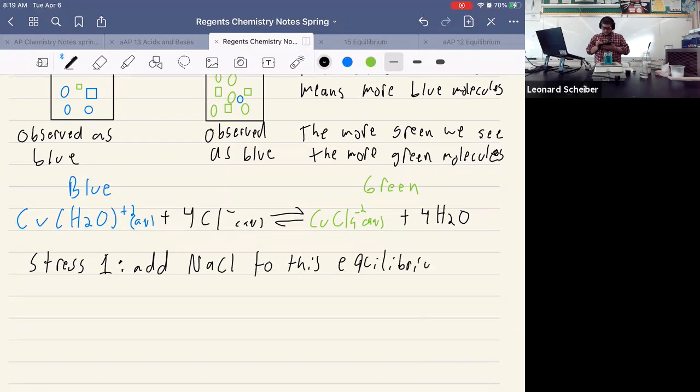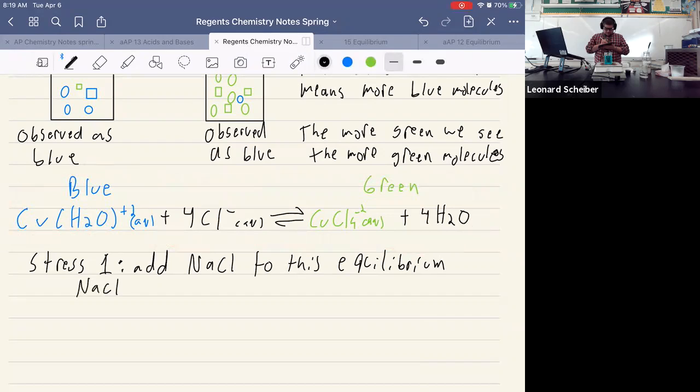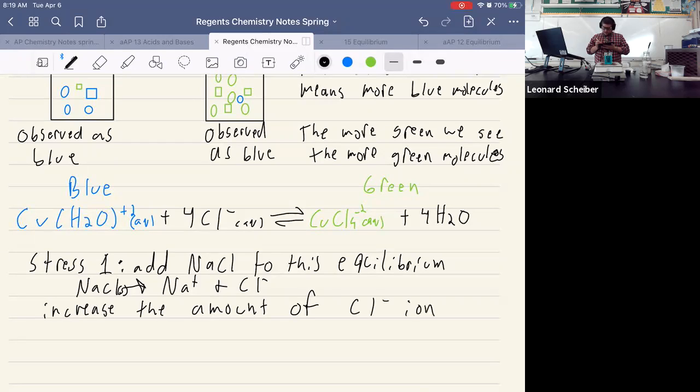Why is this a stress? Because sodium chloride isn't really in this equation, right? But we remember that when you put NaCl solid into water, it turns into Na+ and Cl-. So really the stress was we increased the amount of chloride ions, right? So by adding NaCl, we are stressing the system by adding too many chloride ions.